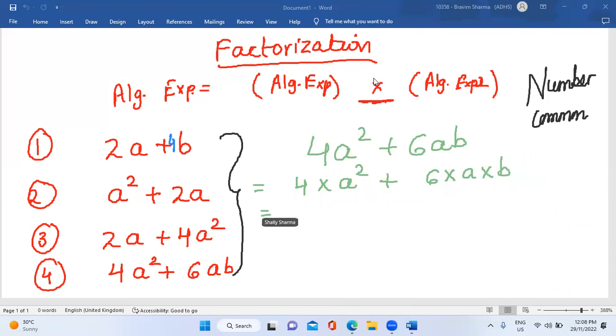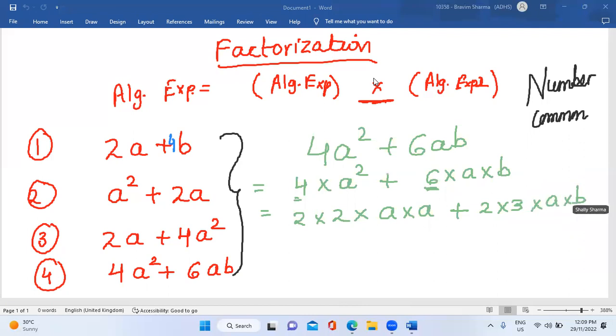Now we look at the HCF of 6 and 4, which is 2. So I will write both these numbers as a multiple of 2 times whatever. So 2 times 2, and a squared also I'm going to write as a times a. And this 6 also I'm going to write 2 times whatever, like 3.